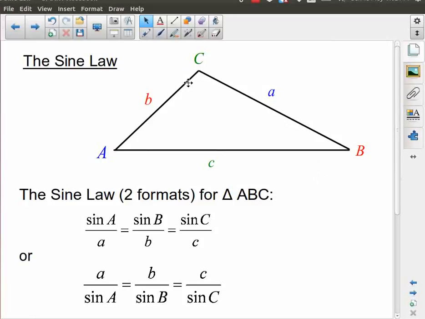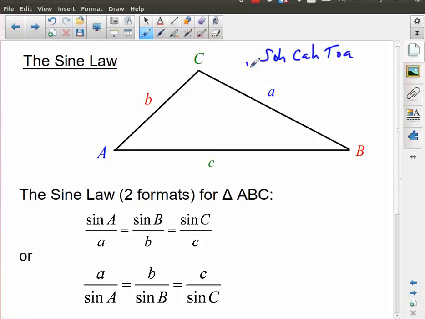It's relatively clear that there is no right angle here. You might look at this vertex C and maybe think that that's a right angle, but I can assure you that it's not. And obviously A and B are not right angles. So everything that we've done in trigonometry up until this point has hinged around the idea of sine, cosine, and tangent. So that is using the mnemonic SOHCAHTOA to help us remember that sine is opposite over hypotenuse, cosine is adjacent over hypotenuse, and tangent is opposite over adjacent.